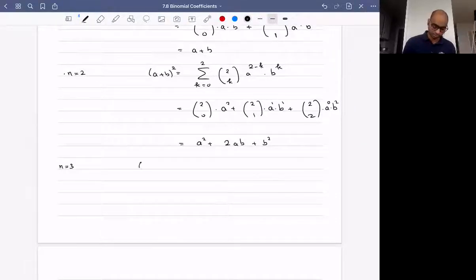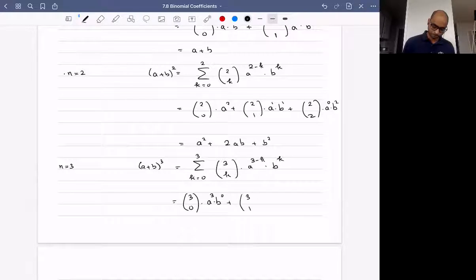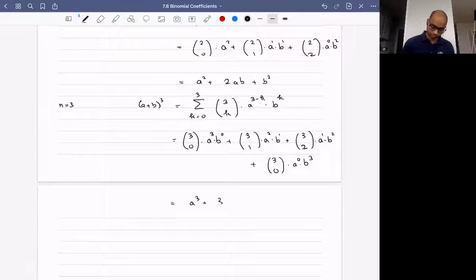So just one last example. Okay, so we get a formula for (a+b) cubed, and that is a cubed plus 3a squared b plus 3ab squared plus b cubed.